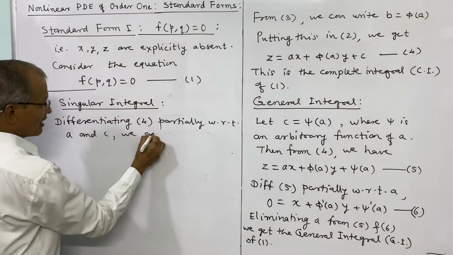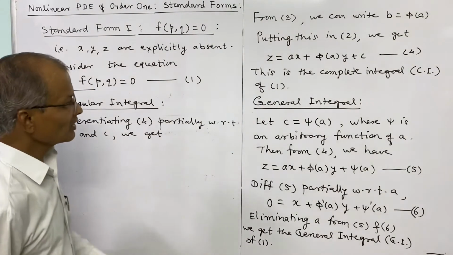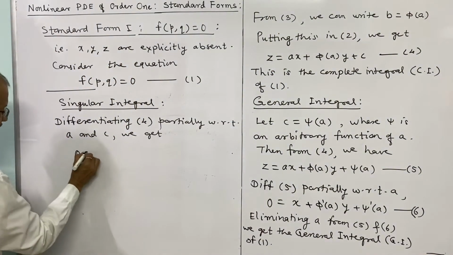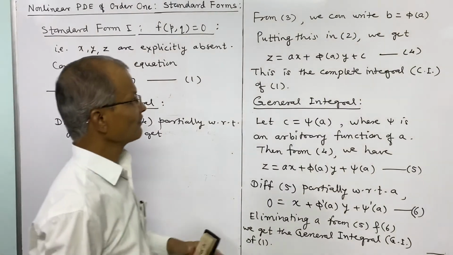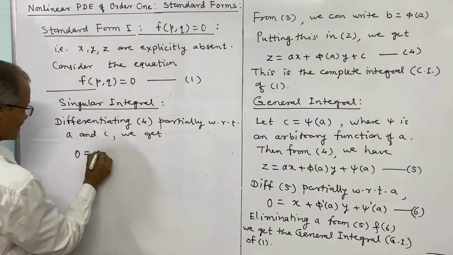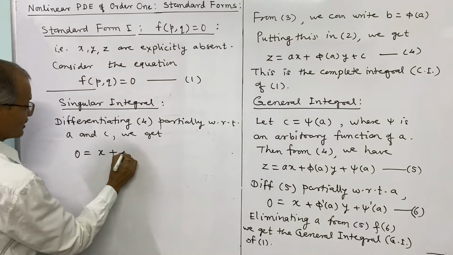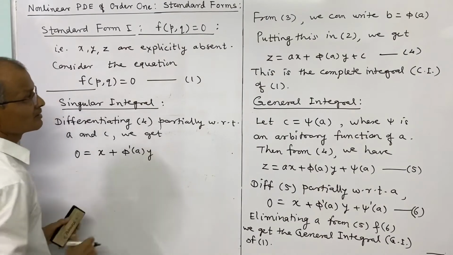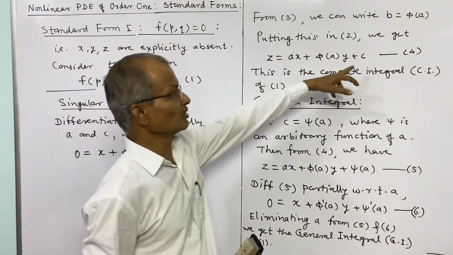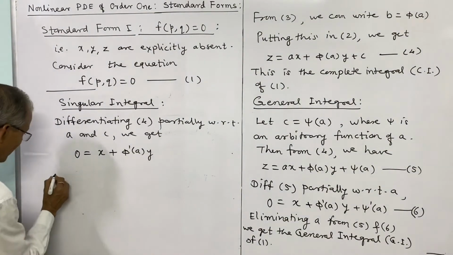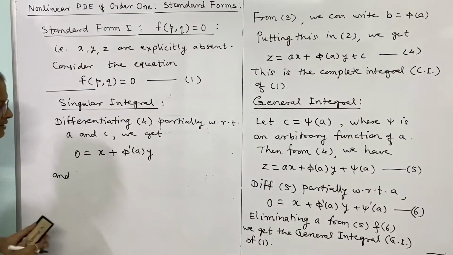We get again the partial derivative with respect to a: on the left, 0, the derivative of z with respect to a, and on the right, the partial derivative of a is 1, so it is x, plus phi dash of a into y, and c, that will be 0, the partial derivative of c with respect to a is 0.